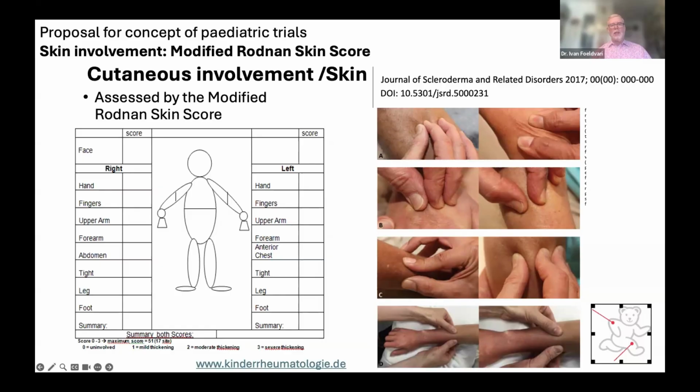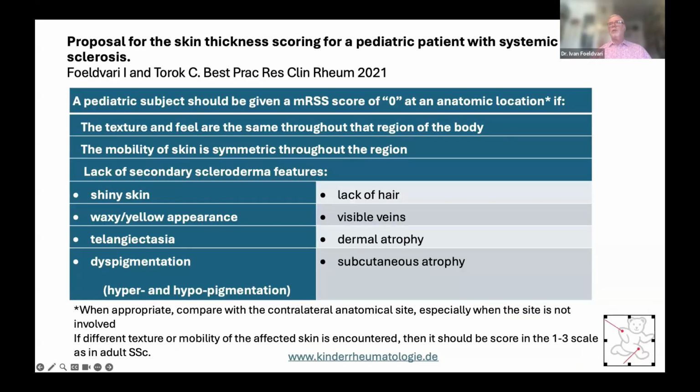Pediatric skin scoring is a little bit more difficult than in adults because especially younger children before puberty have much more subcutaneous fat tissue. For that reason, we had a consensus meeting in Hamburg where we looked at the best way to define normal skin in a child.